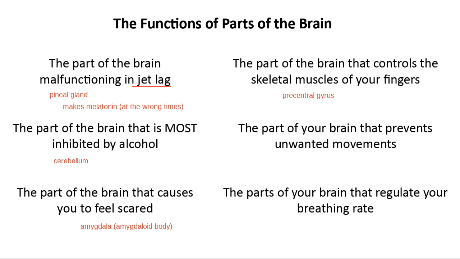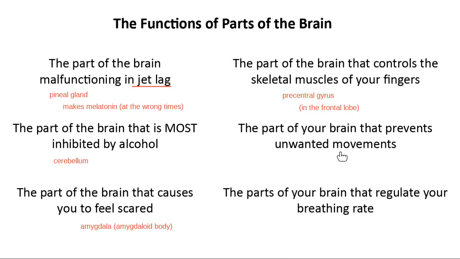Hey, which lobe of the brain is the precentral gyrus found in? Where's that one? Yeah, exactly. That's found in the frontal lobe. Precentral gyrus, helping you with moving your fingers. Other things the frontal lobe does. Remember, we talked about your critical reasoning, your decision making. All of that's the same kind of stuff that happens in the frontal lobe.